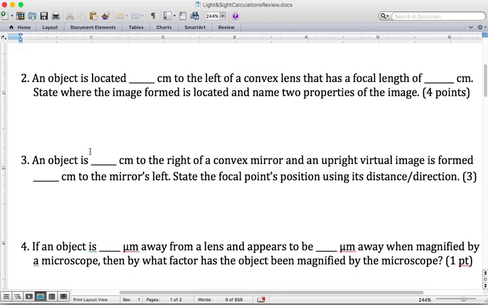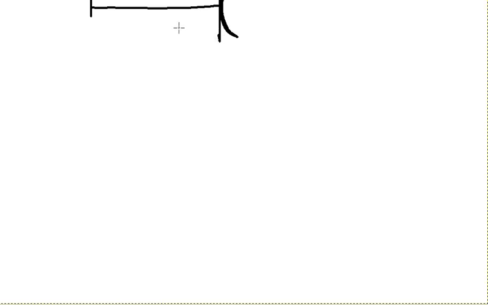So let's state this object's distance. Let's go ahead and give it a distance of 12. So we're saying this object is 12 centimeters away from this mirror. So here's where this object is at, 12 centimeters on this side of the mirror.